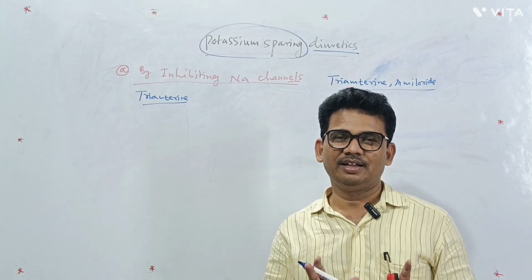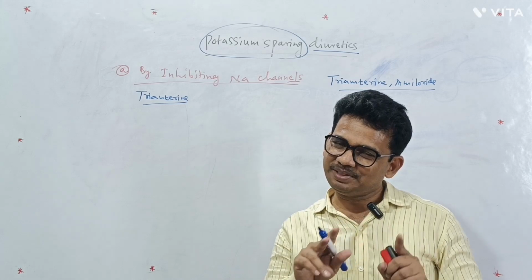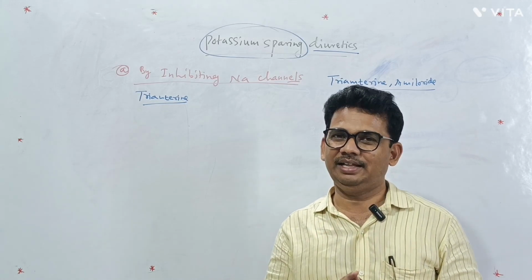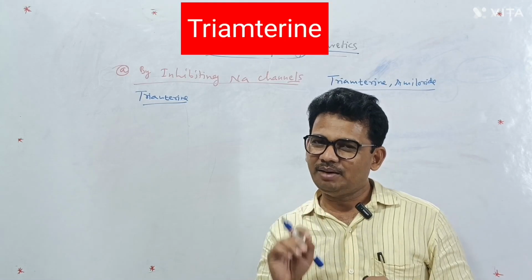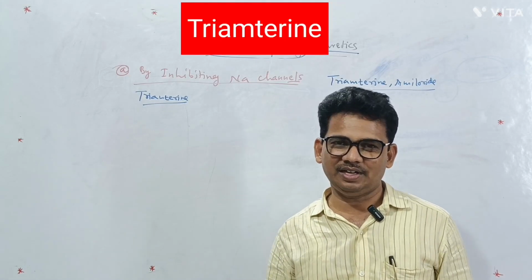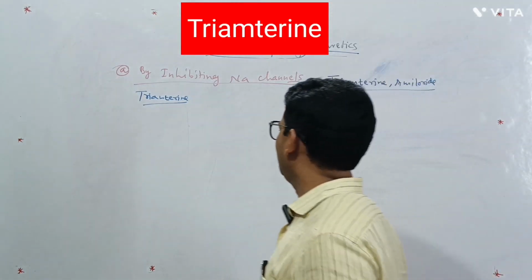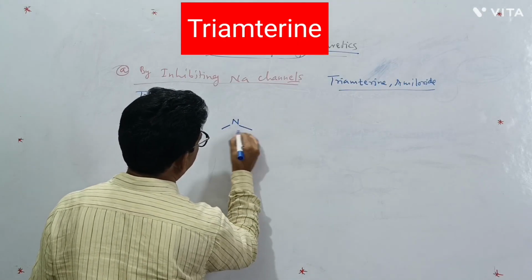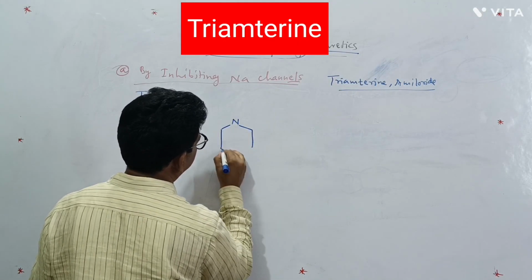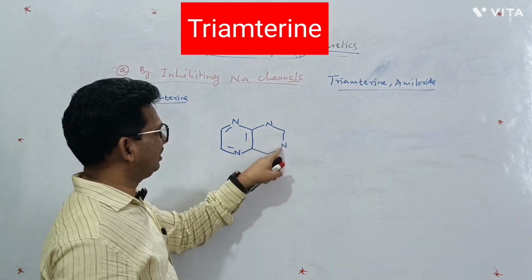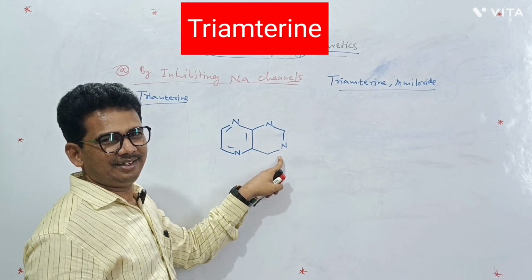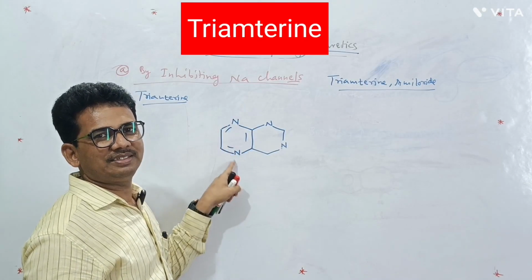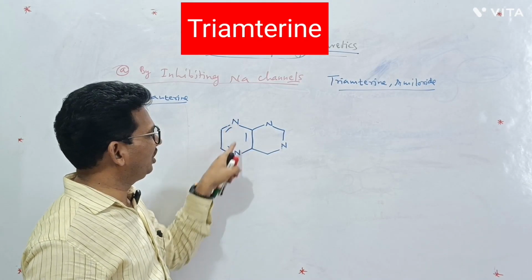We are modifying whatever basic structure is present in the receptor in the microorganism, taking the receptor structure and doing minor modification. That's all. In the same way here also triamterene. You can see here, you might think it is a structure like a pyrimidine. Is it right or not? It's like a pyrazole structure, piperazine structure, this one.